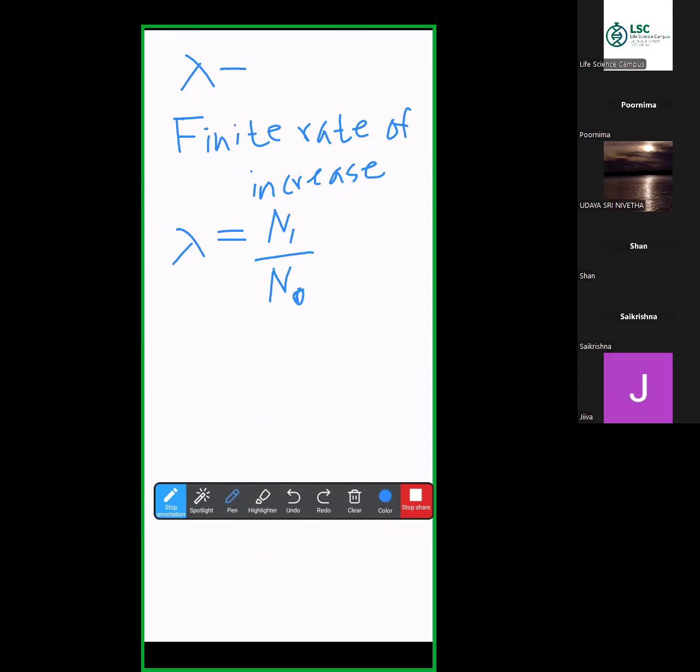This N0 is the population size at first generation. N1 is the population size at next generation.